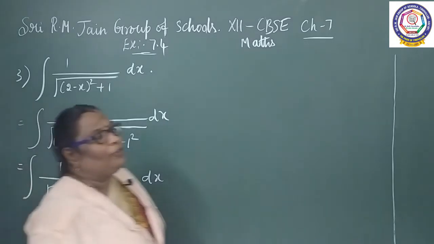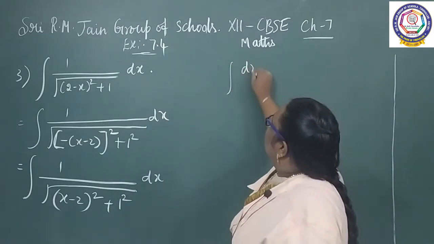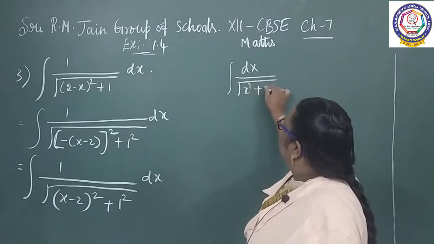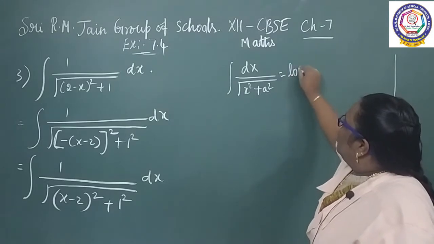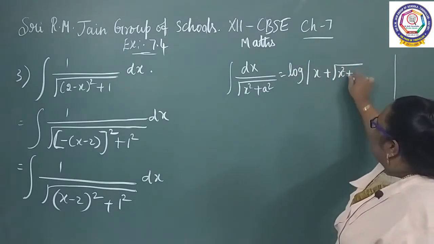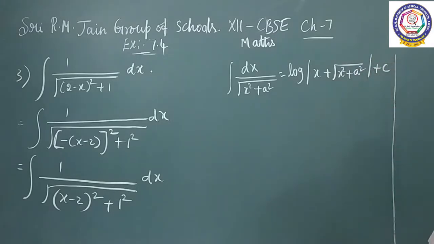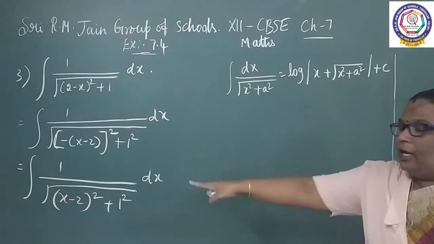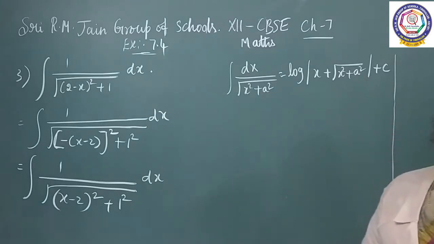What is the formula for that? Previously we have seen that formula: integral dx by root of x square plus a square equals log of modulus of x plus root of x square plus a square plus c. In the place of x, the value is x minus 2, and a square is 1 square.